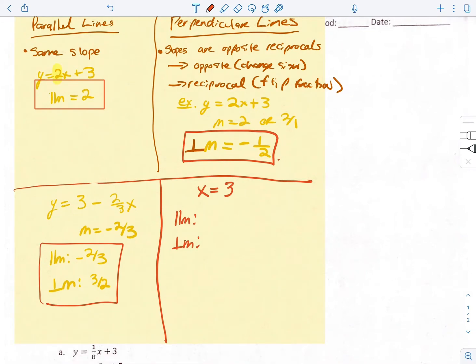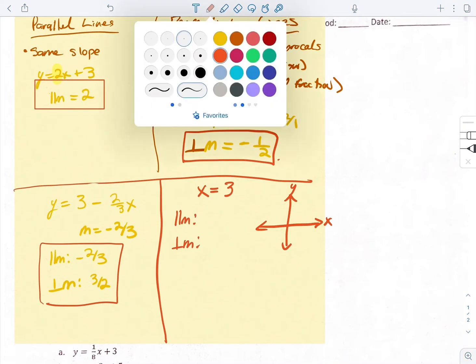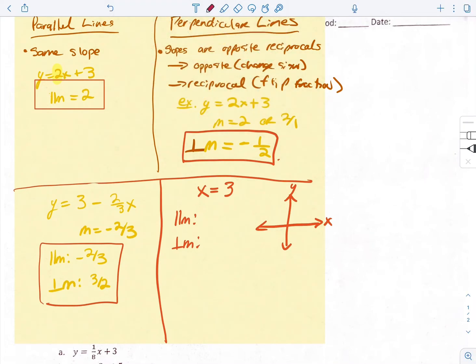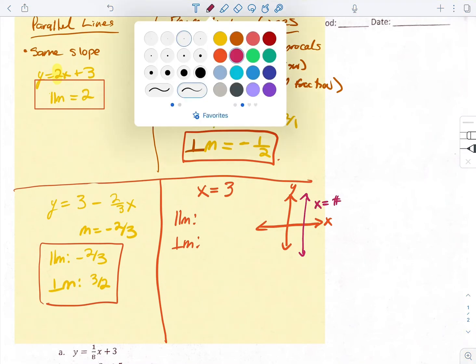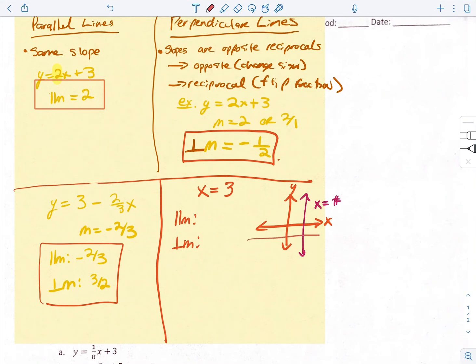Note that if I give you a graph, this is the y-axis, this is the x-axis. Any line that goes through the x-axis is written as x = something. And any line that goes through the y-axis is going to be y = a number.